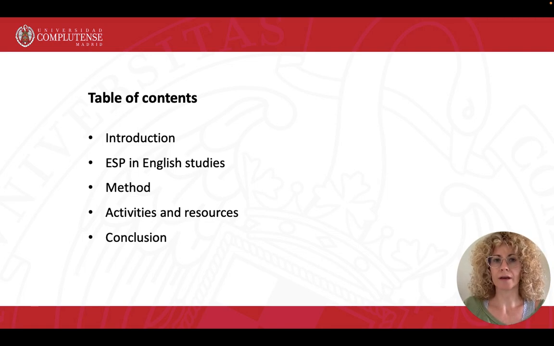Then I will talk about the methodology that I use to teach my sessions, and also different activities and resources that students had to do during the course and how they were assessed. And I will further talk about the activities and resources that my students had to design for their own ESP courses. Finally, I will draw some conclusions about this experience that I hope you find helpful and enriching.